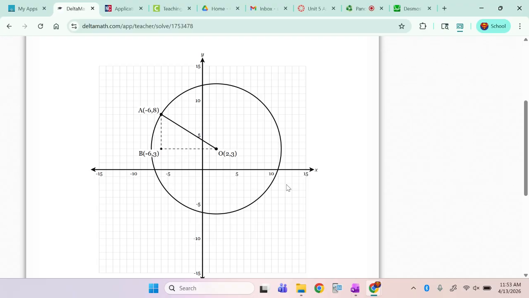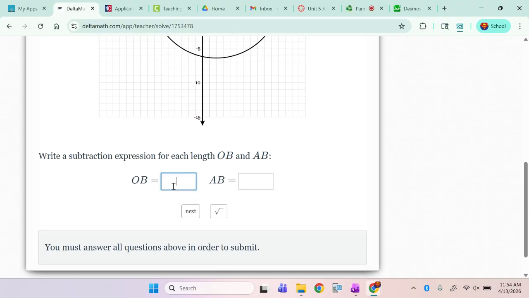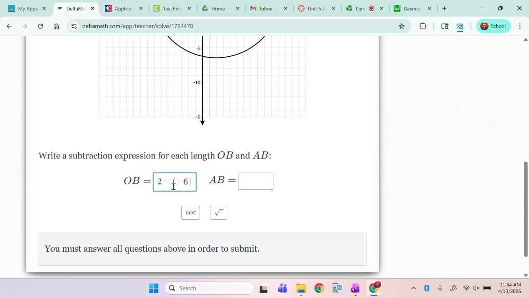What about here? 8 minus 3. All right. Now that's what we're going to type in down here. So OB is 2 minus (-6). Make sure you put the -6 in parentheses. And then 8 minus 3.